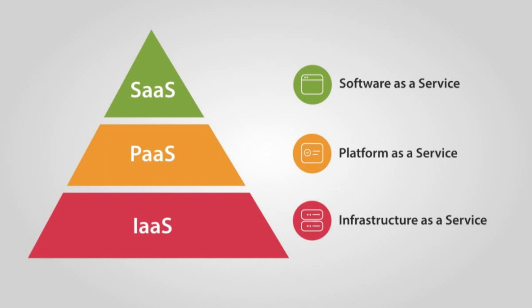Then platform as a service, or PaaS, offers a platform allowing developers to build, deploy and manage applications without dealing with the underlying infrastructure. Then the software as a service, or SaaS, model delivers software applications over the internet, eliminating the need for users to install, manage or maintain the software locally.